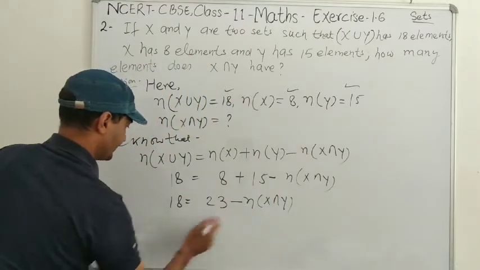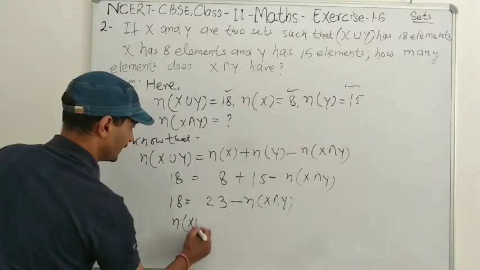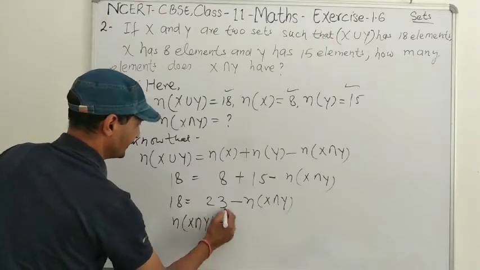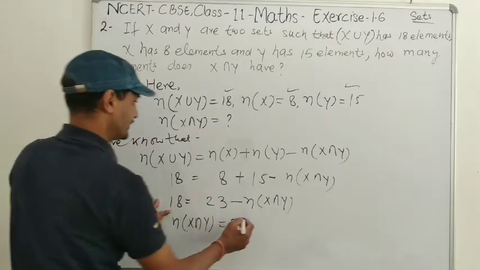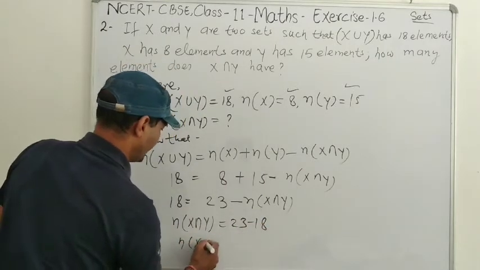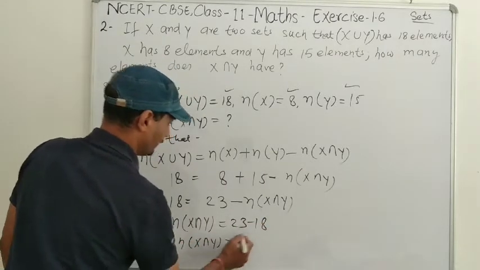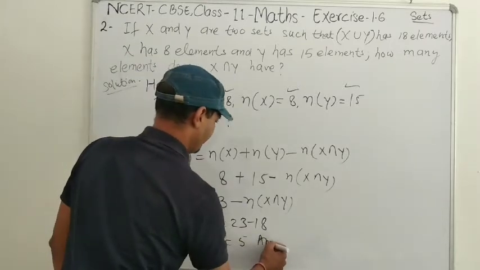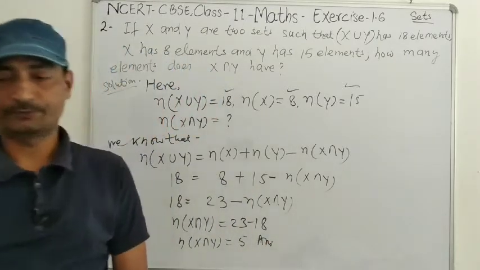Now transposing, n(X intersection Y) equals 23 minus 18, which is 5. So it is the answer of question number 2.